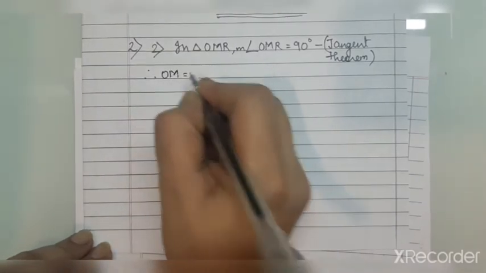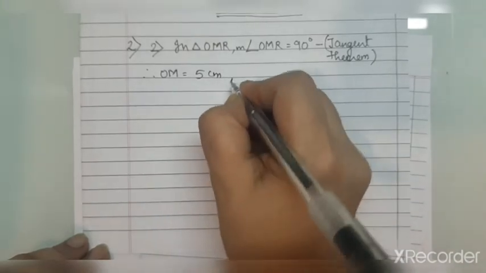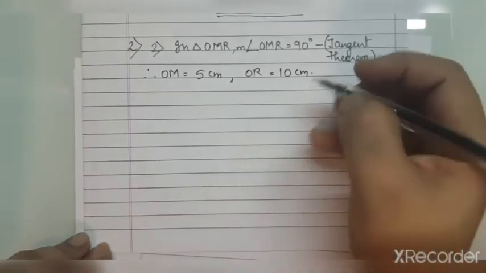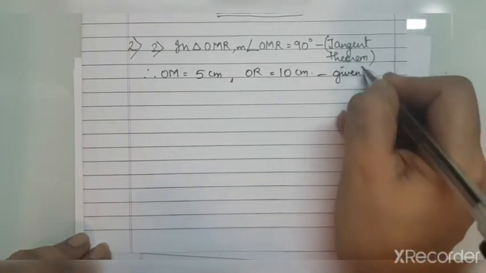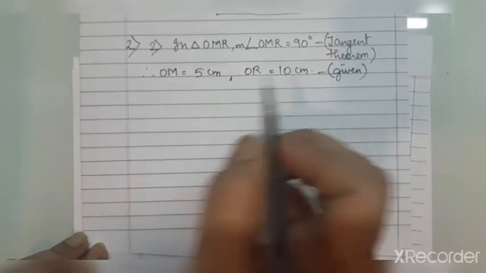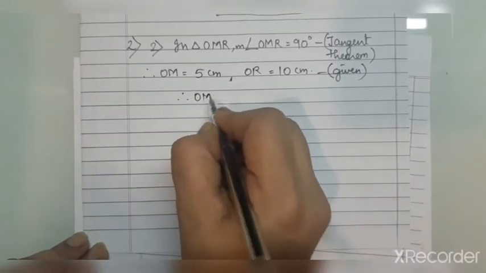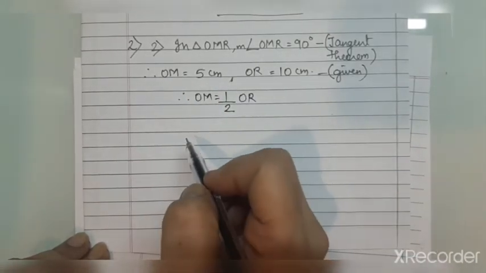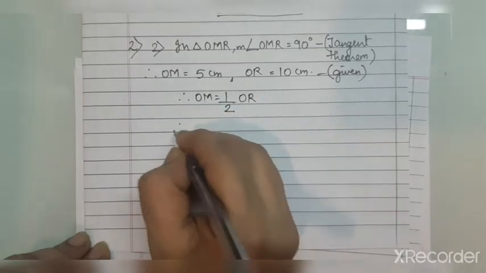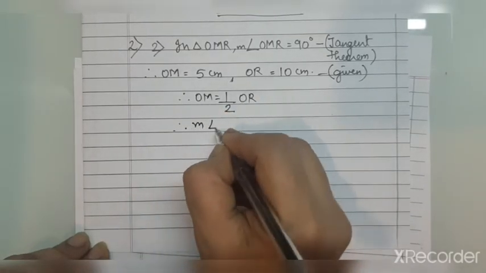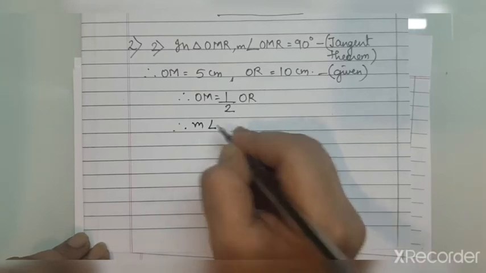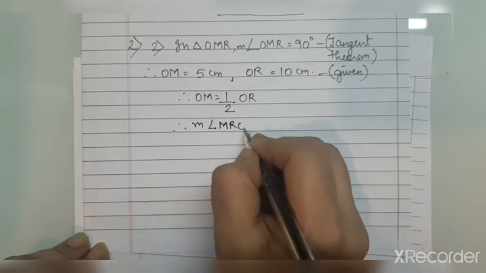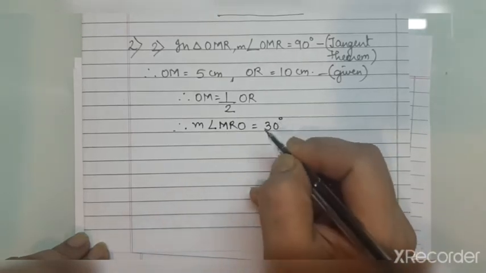After that we will write the lengths that we know. That is, we will write OM is equal to 5 centimeter, and we will write segment OR is 10 centimeter. Okay, how do we know this? Because it is given. Now, if OM is 5 and OR is 10, that means OM is half of OR from the above statement. Yes, and therefore measure angle MRO, which is asked, is equal to 30 degree.